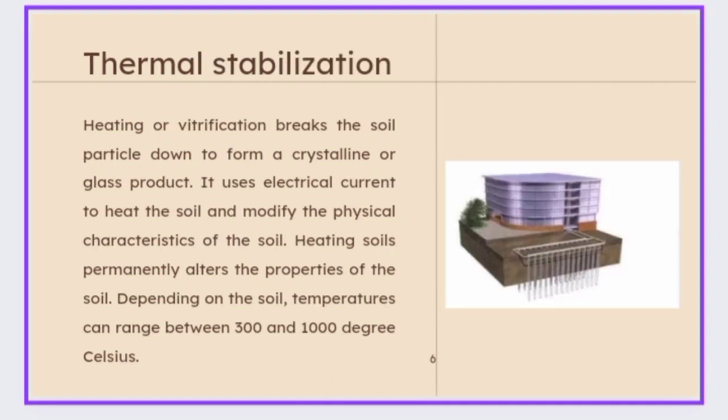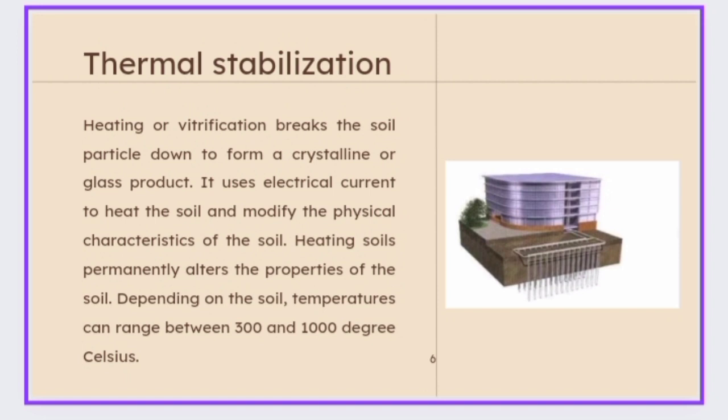Thermal stabilization of soil for ground improvement. Heating breaks the soil particles down to form a crystalline product. It uses electric current to heat the soil and modify the physical characteristics of the soil. Heating soils permanently alters the properties of the soil.